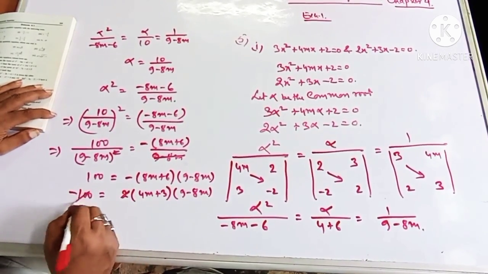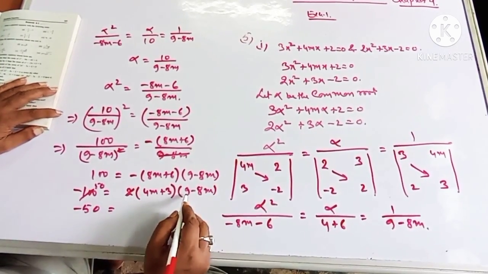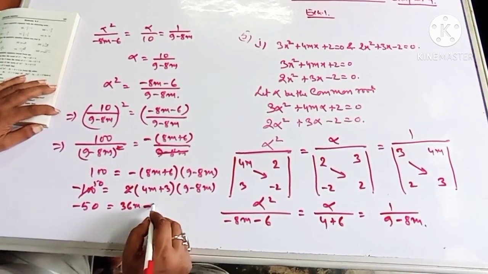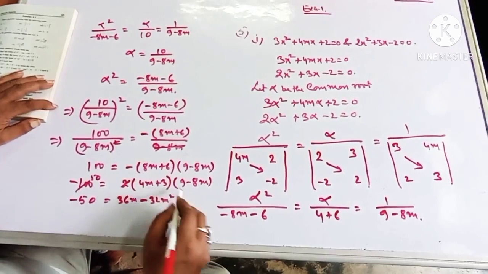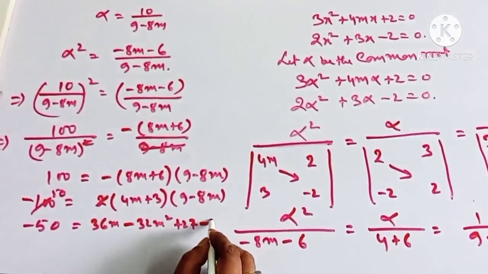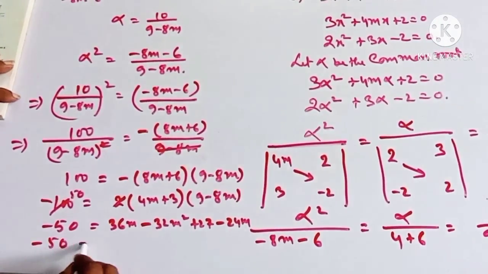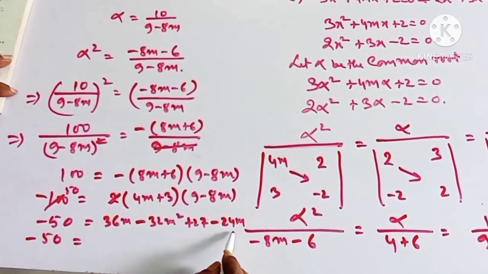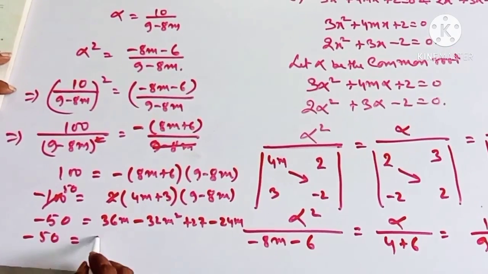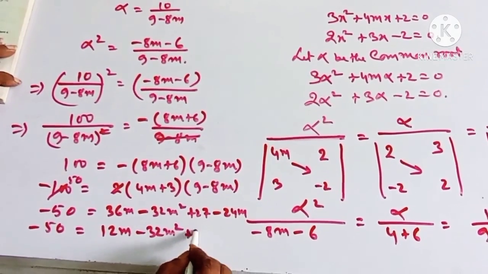So 2 cancels out, this will be minus 50 equal to, now 4 nines are 36m minus 4 eights are 32m square plus 27 minus 3 eights are 24m. So minus 50 is equal to 36 minus 24, this will be 12m minus 32m square plus 27.